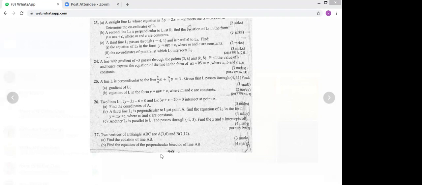Then if you do cross multiplication, you'll get that the equation is y is equals to 2 all over 3x plus 11 all over 3.